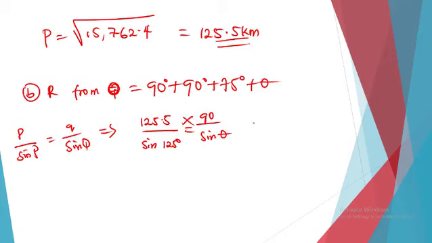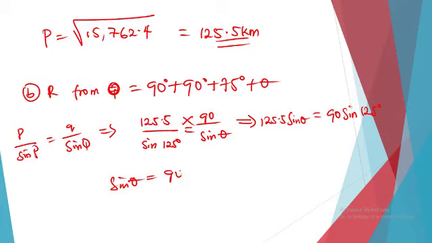If we cross multiply, we then have 125.5 sine theta equal to 90 sine 125 degrees. Therefore, sine theta is equal to 90 sine 125 degrees all over 125.5.